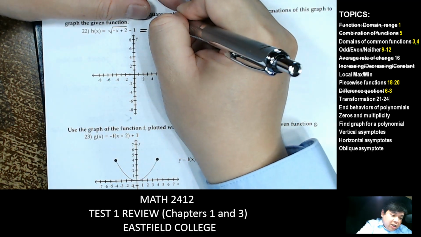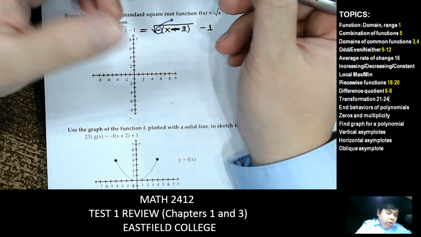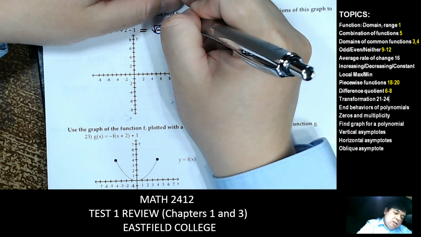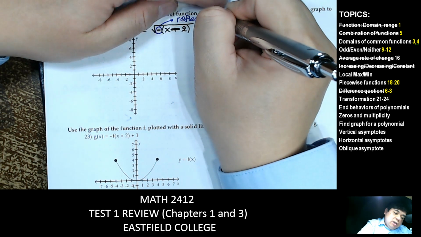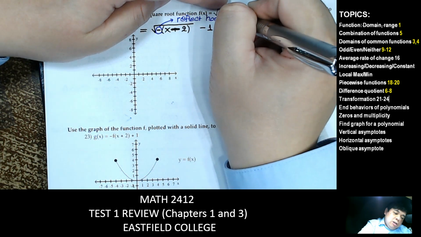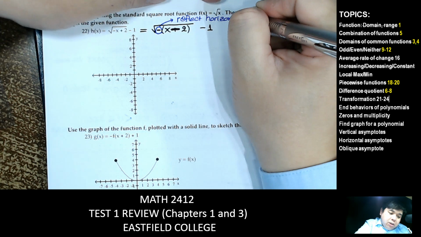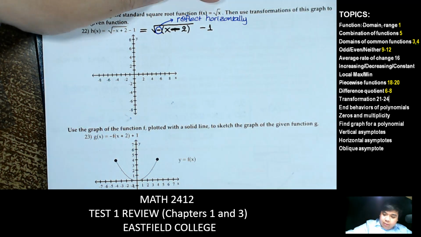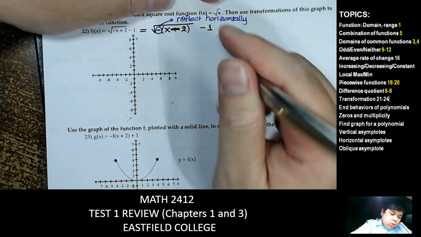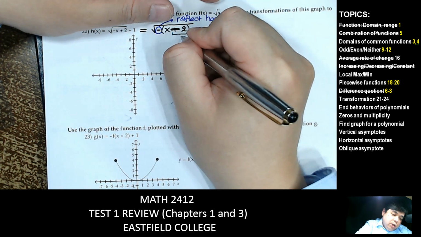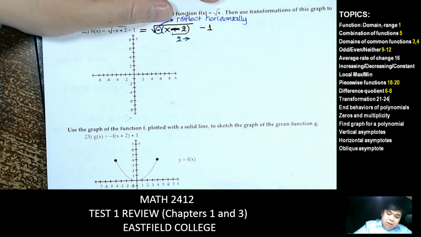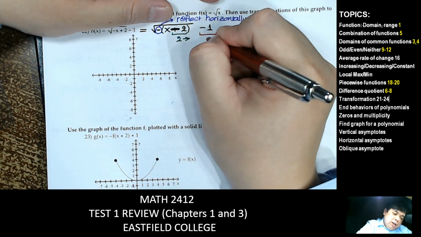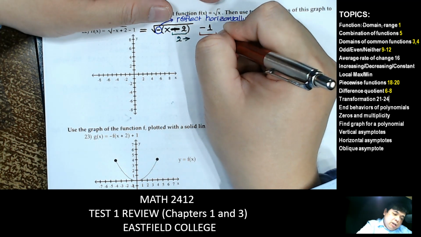This minus inside the square root will reflect horizontally. Next we have the minus 2. This will go 2 units to the right, and the minus 1 here will go 1 unit down.